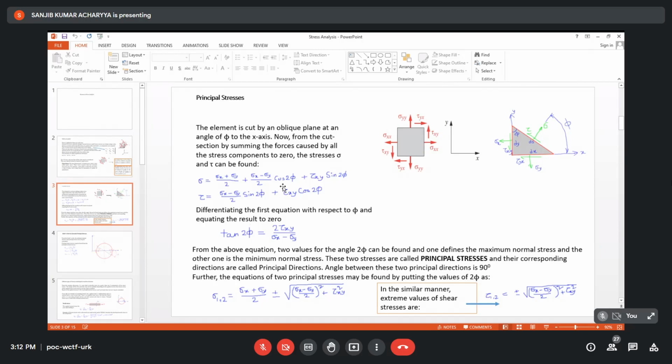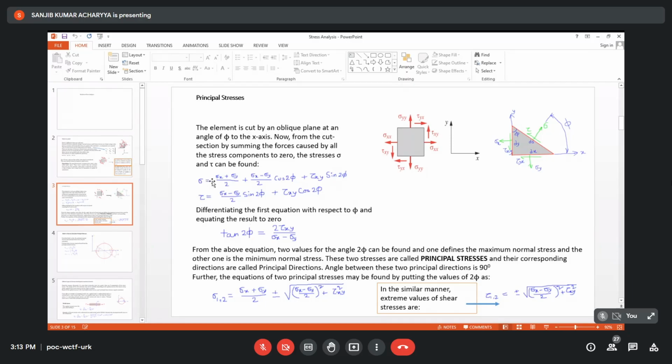Yes, sir. So now designer tries to find out the maximum possible value of sigma. Sigma x, sigma y, tau xy are given constants. So now it is a function of theta. So if we make del sigma del theta equal to 0, that will give you some value of phi.